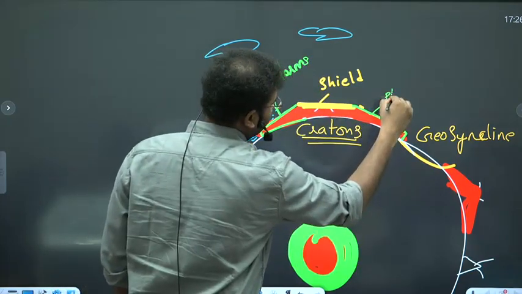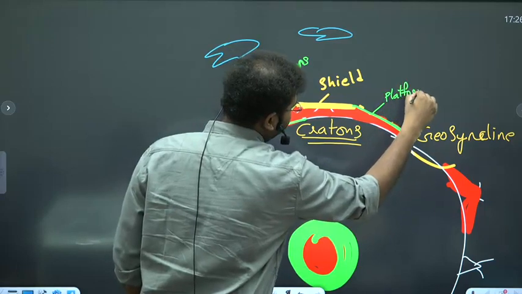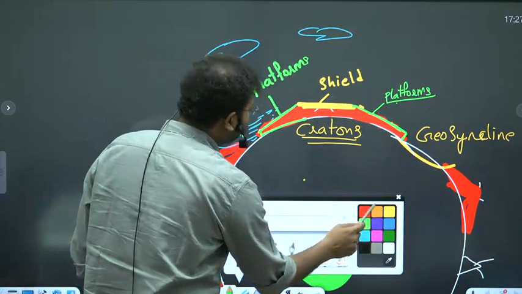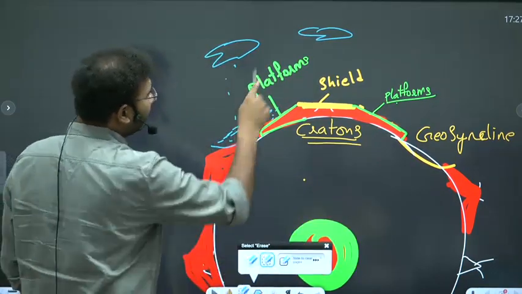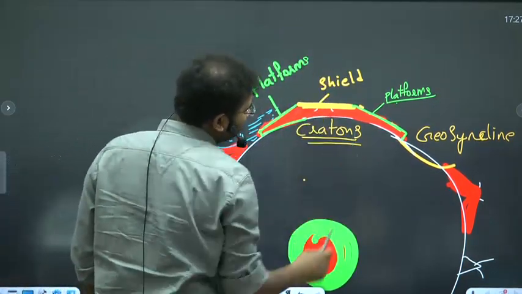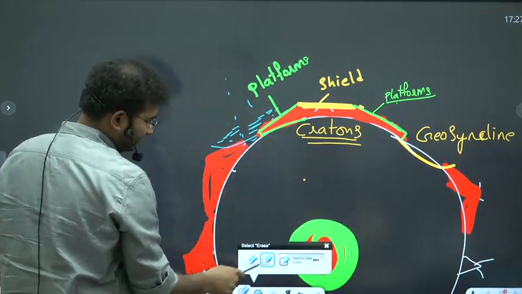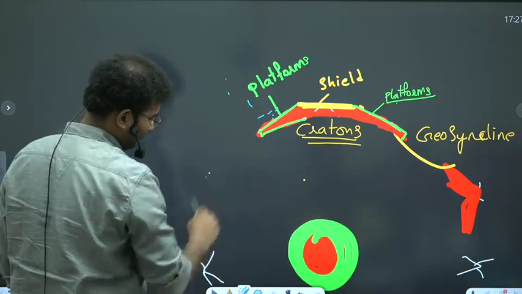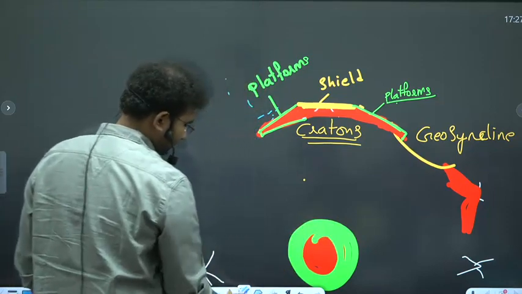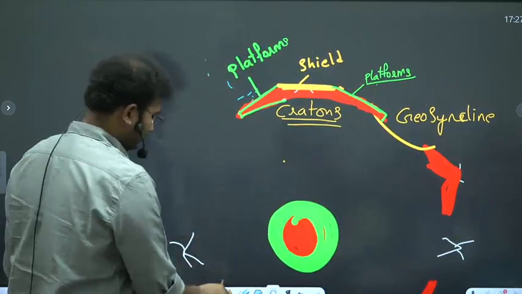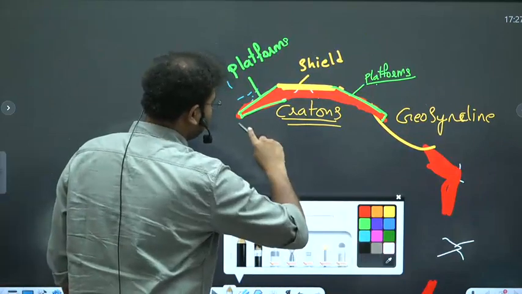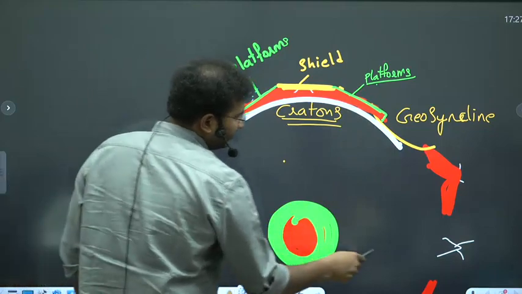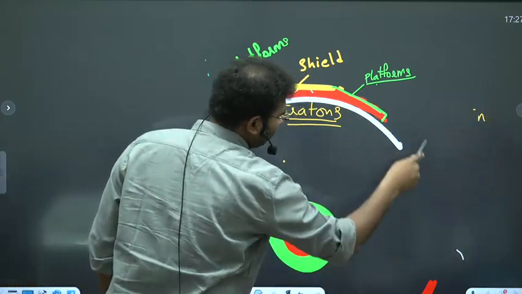Platforms, and this is a platform. That means, what is a craton? Can I say that craton is a combination of shields and platforms? So, to make it easier, now can you imagine what I've drawn?